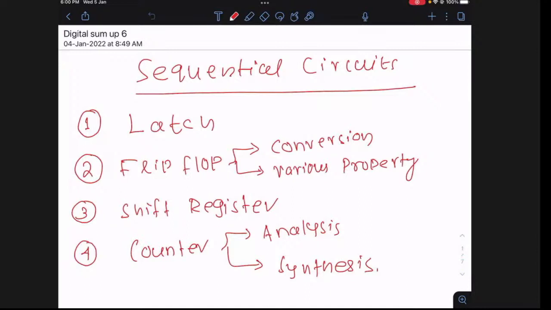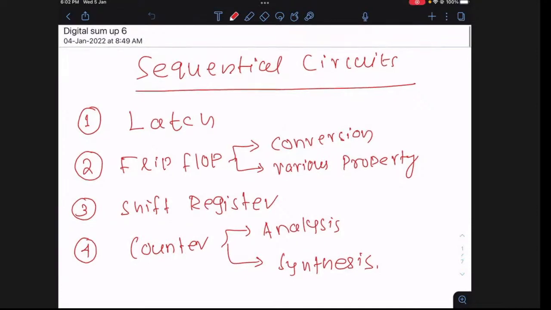Okay. So, in the last class, we have completed the combinatorial circuits.